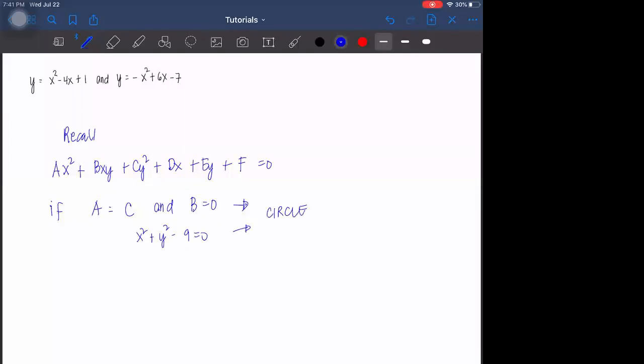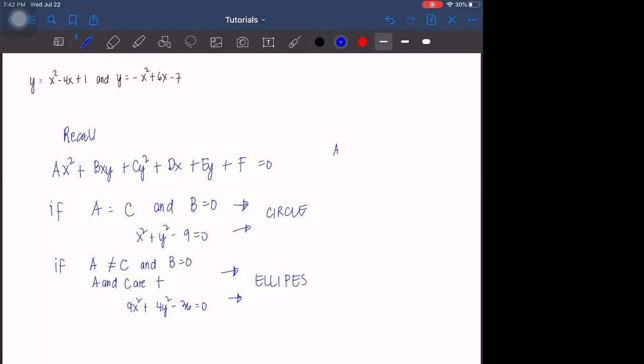Very good. If A is not equal to C, B equals 0, and A and C are positive, for example 9x squared plus 4y squared minus 36 equals 0, that is an ellipse.